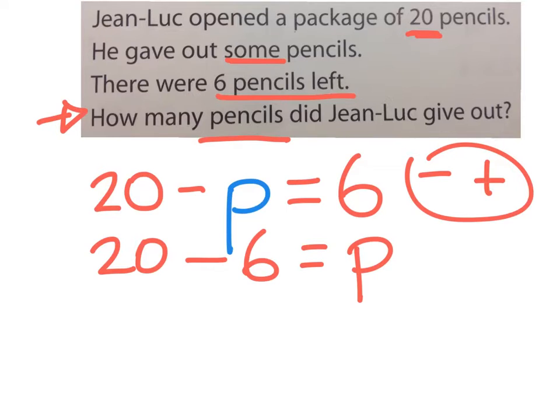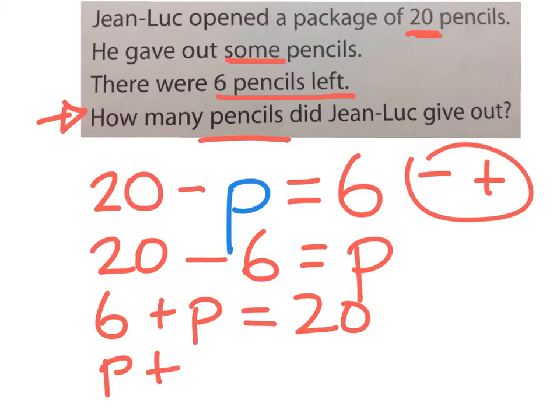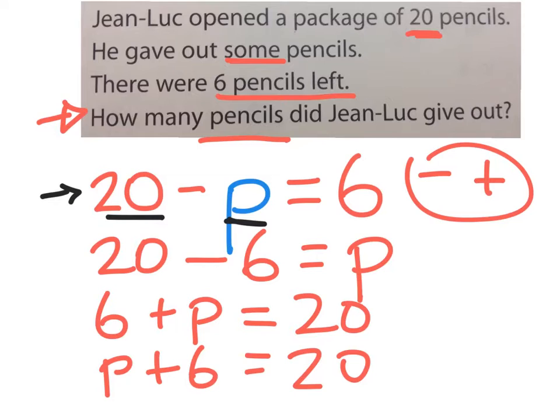So I could also write it as 6 plus P equals 20, and P plus 6 equals 20. Now when I look at those, which is the easiest to solve, the easiest equation? Well, this equation here only gives me one piece of information and not a second. This equation gives me two pieces of information. I think that'll be the easiest to solve.